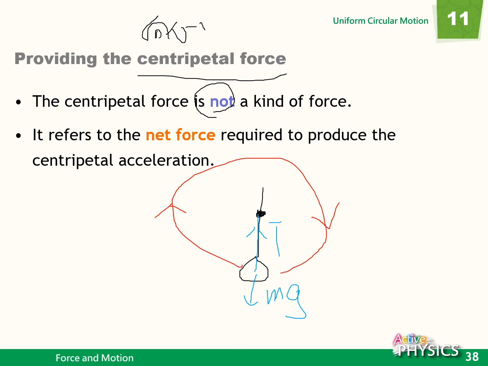It's moving along a circular path, so there must be something providing the centripetal force. It's the net force pointing to the center. In this case, T minus mg. So centripetal force is not the tension or the weight, but the net force pointing to the center. The net force pointing to the center is very important.